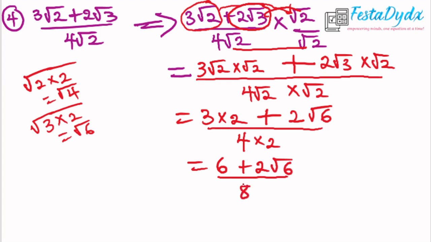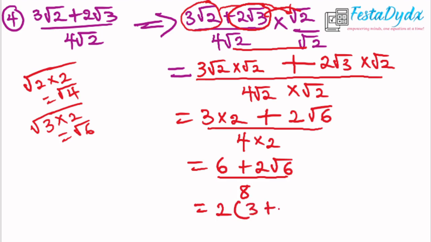So we can decide to bring out what is common in the numerator and denominator. In the numerator, 2 is common with the denominator. So bringing out the 2 that is common, we'll be having 2 in a bracket. 6 divided by 2 gives us 3. 2 divided by 2 gives us 1.